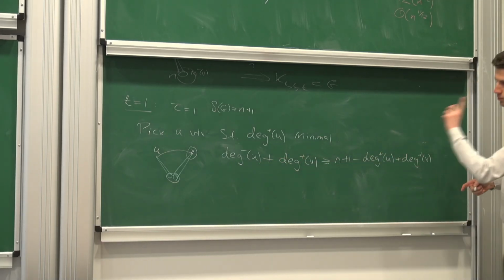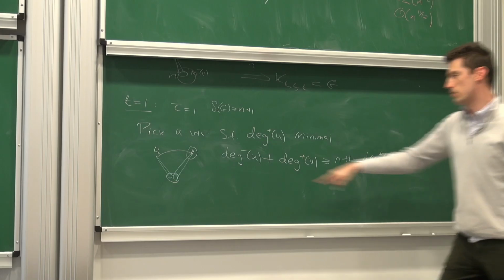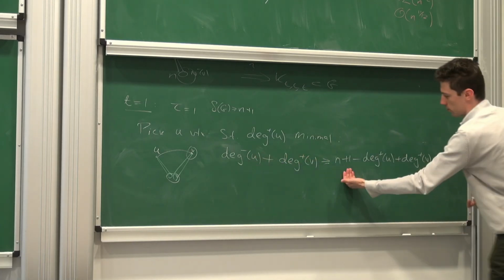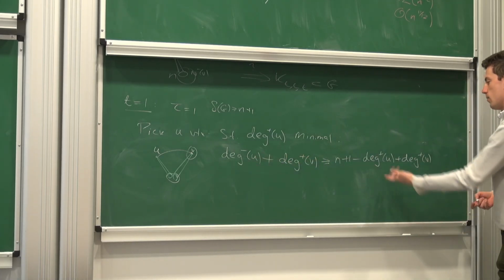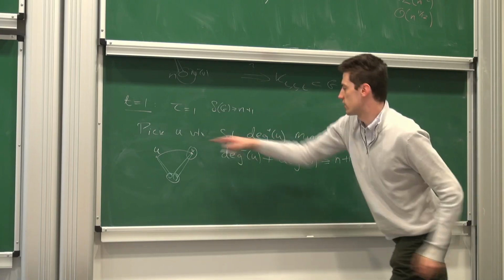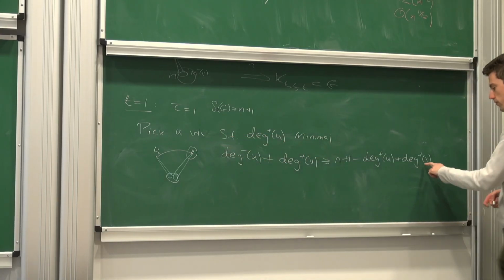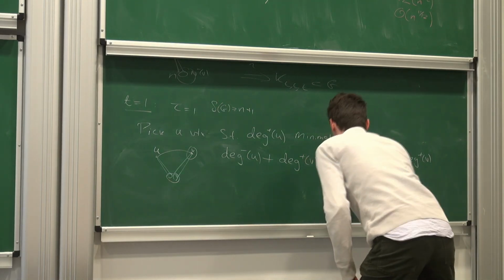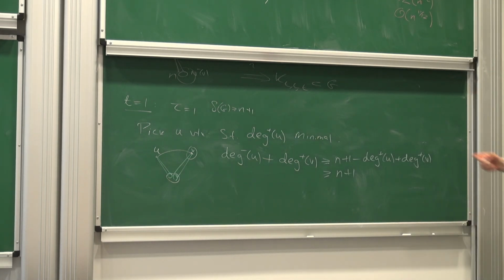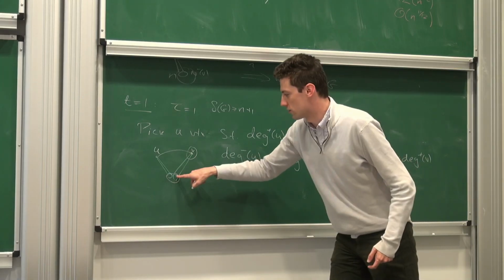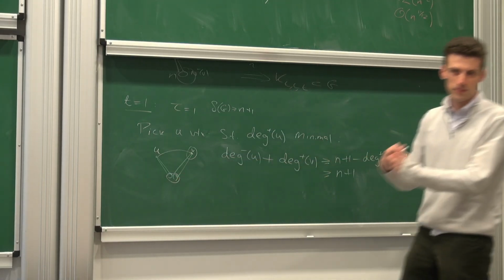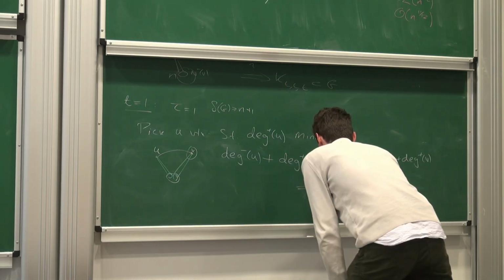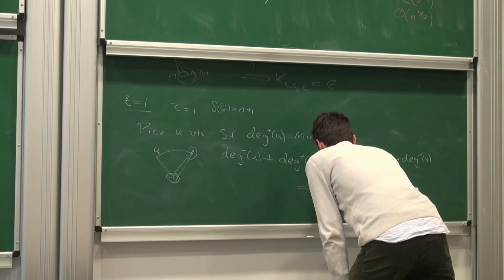U has at least n plus 1 neighbours, so its forward degree plus its backward degree is at least n plus 1. So its backward degree is at least n plus 1 minus its forward degree. But now, we picked U so that this was minimal, so the forward degree of V is at least the forward degree of U. So that's at least n plus 1. And great, that means these are two sets lying inside a set of size n, they have to intersect. And there's our triangle. So this implies we have a common neighbour.